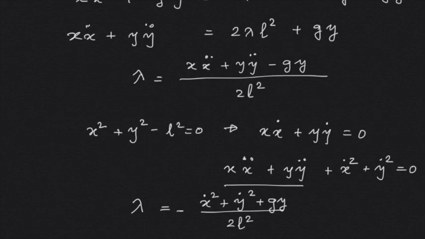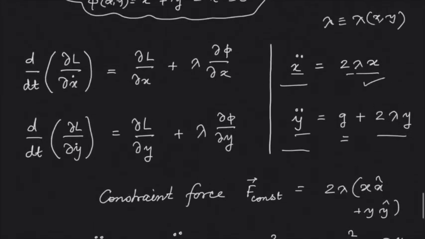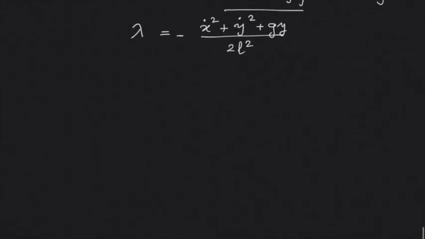I can actually solve for ẋ and ẏ if I have initial conditions, but this is good enough. I can put this λ back into my original equation, which is here. I am not doing the rest of the exercise, that is left for you to do. So what you do is you put λ back here. Let me at least do that.